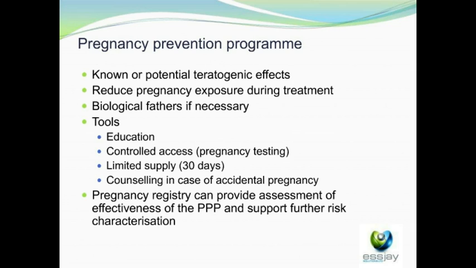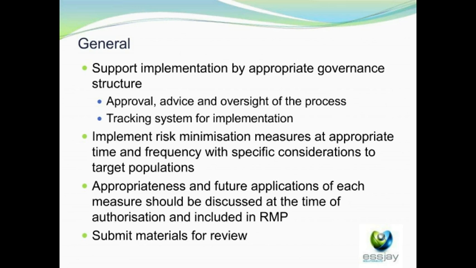So you can have educational materials or controlled access where you have to have a pregnancy test before you're given the product, or you can only receive it for 30 days because obviously that will then fit in with your cycle. You can also have a pregnancy registry, which then provides an assessment overall of how effective your program has been.